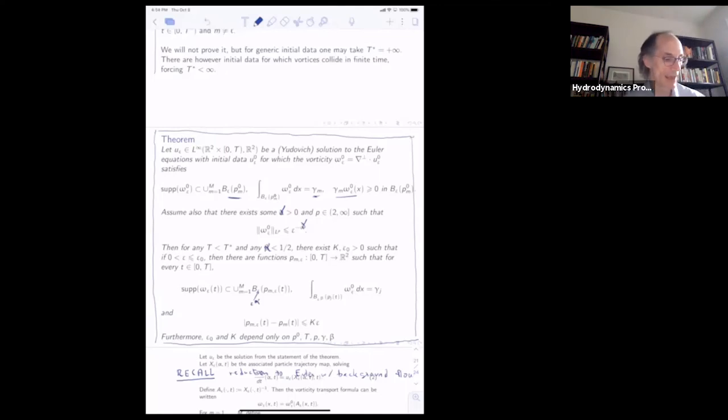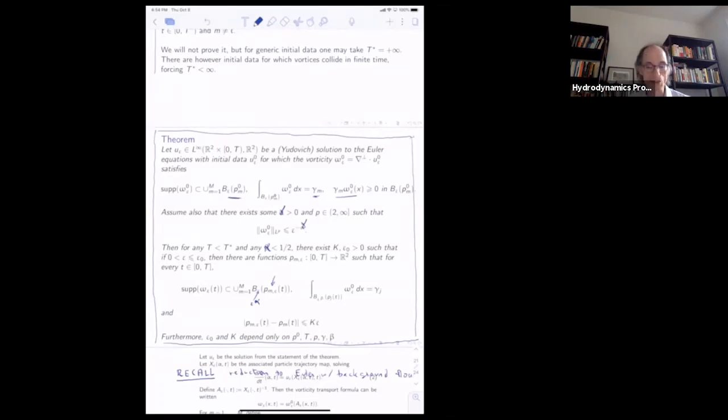And the claim is that for sufficiently small epsilon, there are trajectories, these p m epsilons, such that for every time t in this interval up to capital T, the support of omega epsilon is contained in the ball of radius epsilon to the alpha around these approximate trajectories. And these trajectories stay close to the ones given by the point vortex ODE.